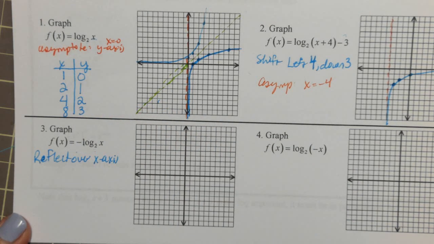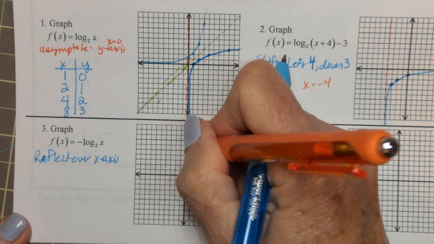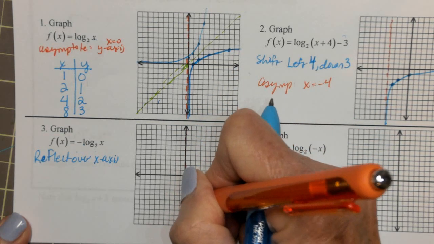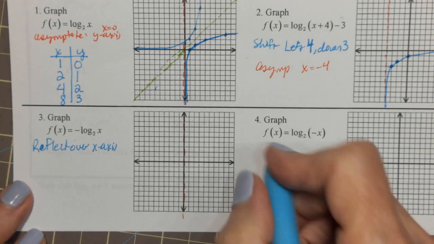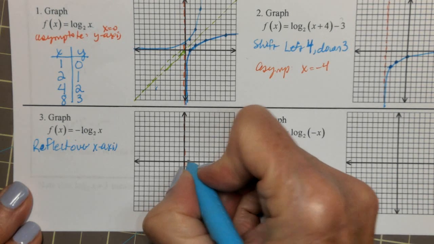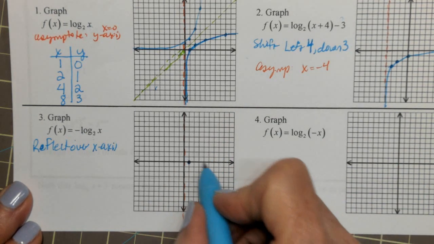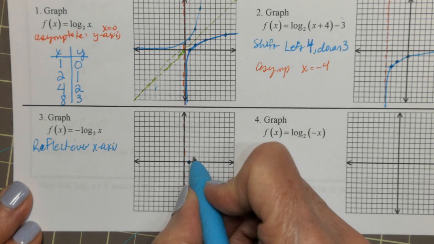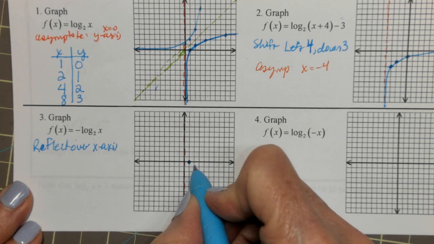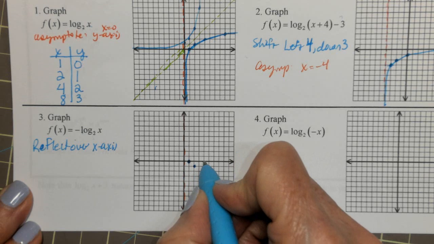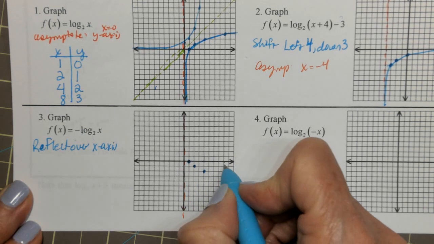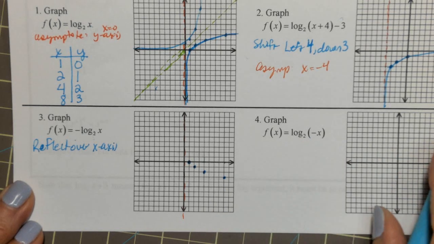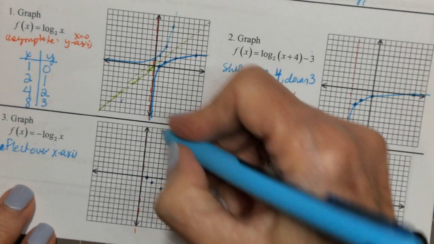So our asymptote is still the y-axis, but now we're reflecting it over the x-axis. Our first point will still be the same. But this time, instead of going 2 over and 1 up, we'll go 2 over and 1 down. Instead of going 4 over and 2 up, we'll go 4 over and 2 down. 8 and 3. And then we can use those to sketch the graph.